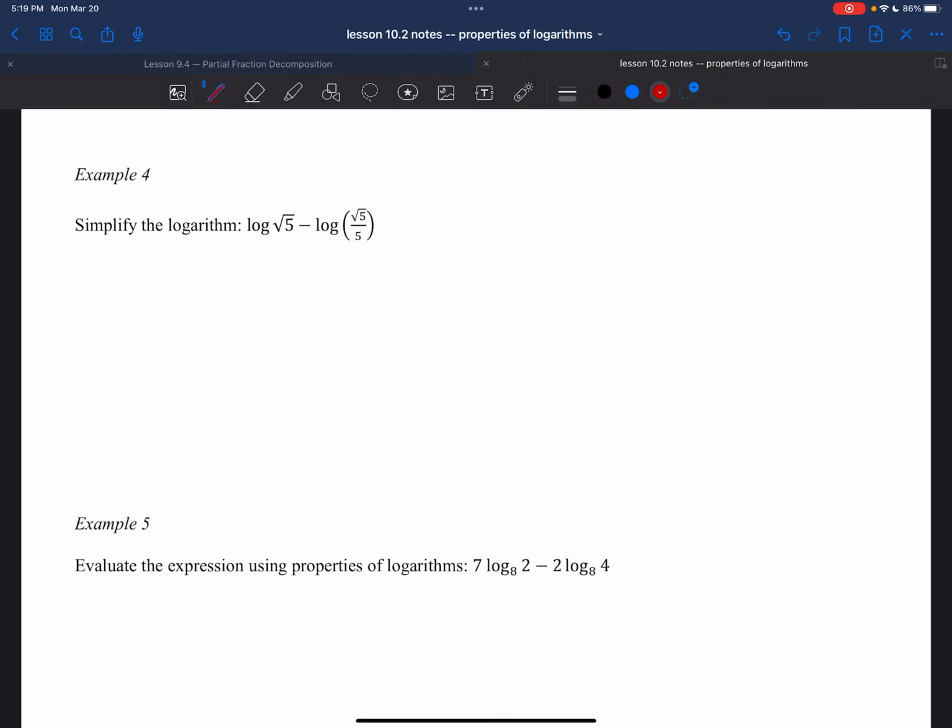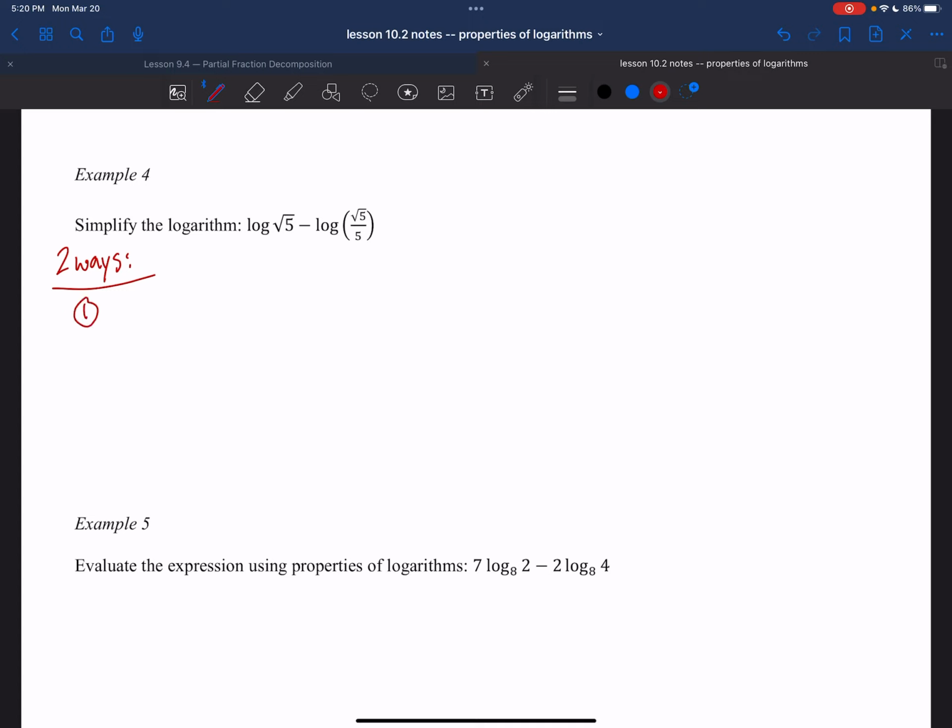Let's simplify this logarithm. I say log base, okay, so again, base 10. Log of root 5 minus log of root 5 over 5. Well, let's have fun with this. I'm going to show you two ways. You're going to like the first method a lot more than the second method, but whatever.